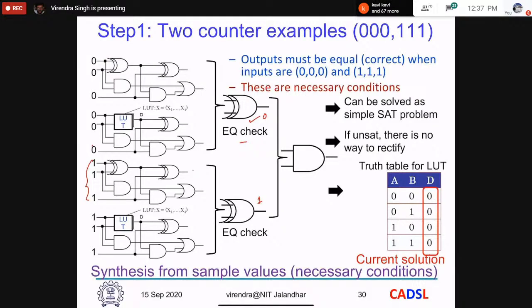Now if I do that, I will get this input variable 0000. If I fill the lookup table of this gate with 0000, then this will also satisfy my output, meaning here I have tied this output to logic 0, nothing more than that.